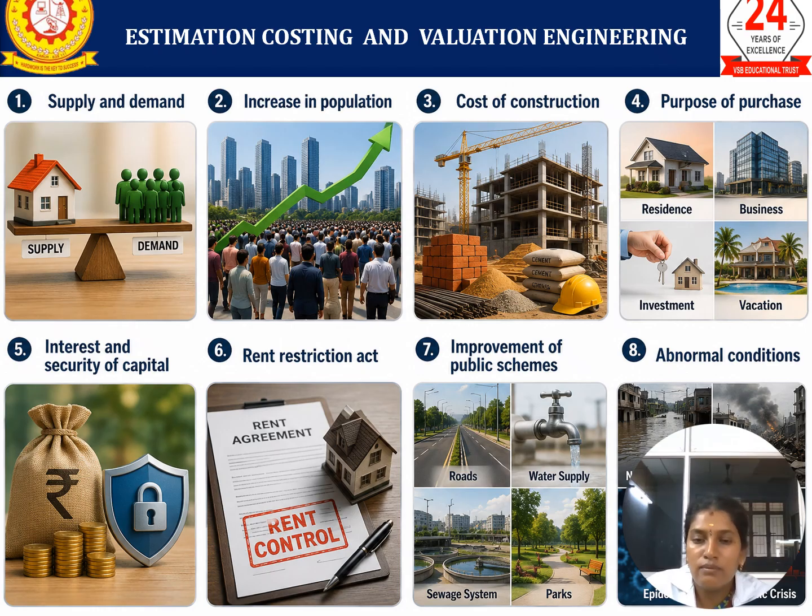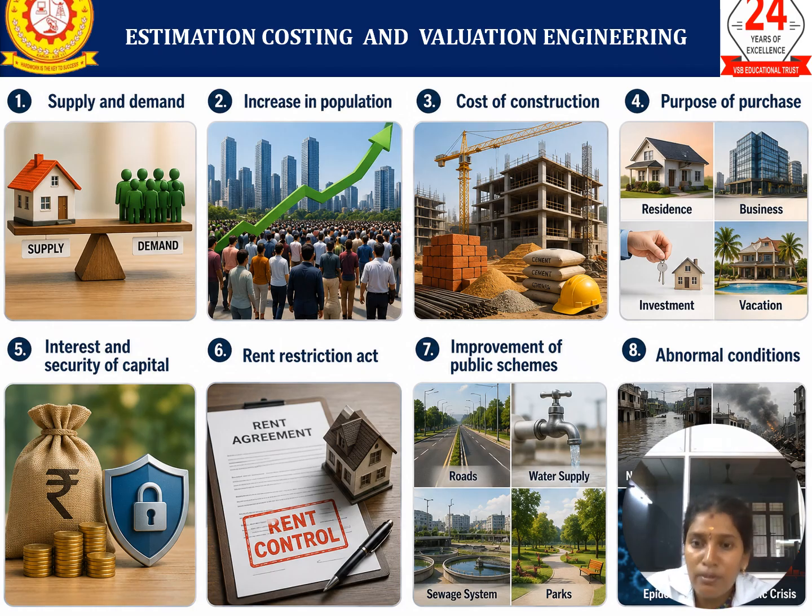So these are some pictorial representations of the factors. Supply and demand. What is our demand? What is our supply? Is it equal or not? Then only we have to fix the price. And increasing population, cost of construction, purpose. What is the purpose? It may be residential purpose, investment purpose, vacation purpose or business purpose.